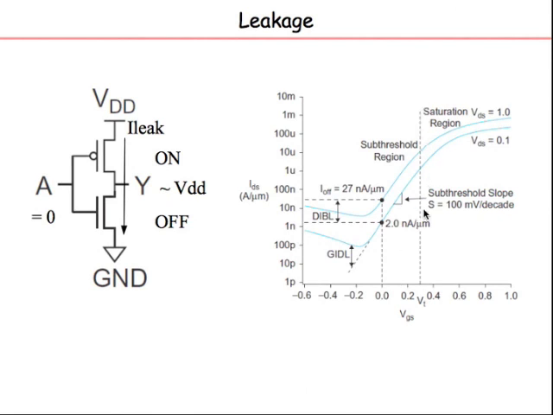This is the threshold voltage, and we are looking at the regime here. Secondly, there are two curves: VDS equal to 0.1 and VDS equal to 1.0. Of course, when I increase VDS, for any given VGS, current goes up, which is reasonable. Larger VDS means larger current.